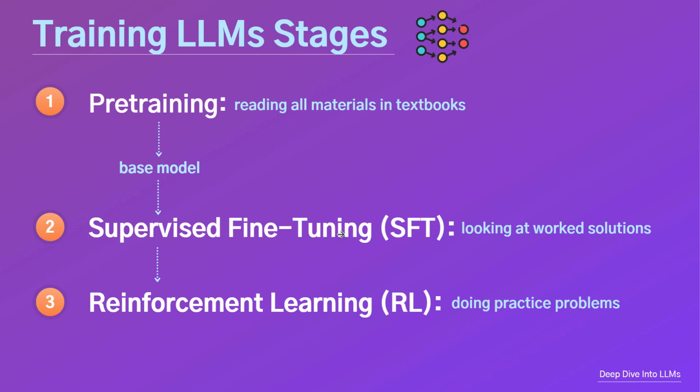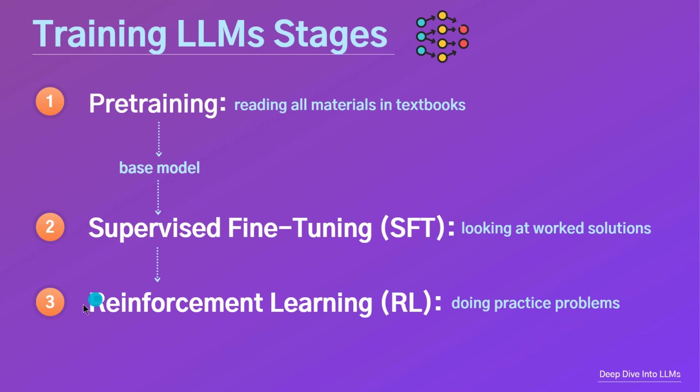The model learns to imitate these expert demonstrations and adopt the persona of a helpful, truthful, and harmless assistant. While SFT is crucial for tuning a base model into an assistant, it essentially relies on imitation of human-provided data.